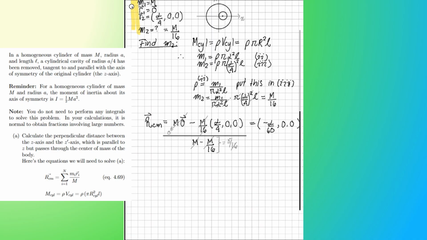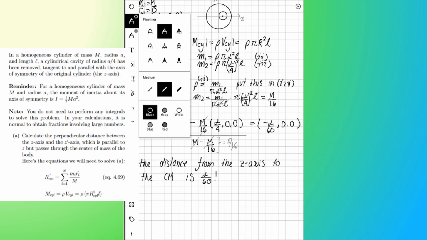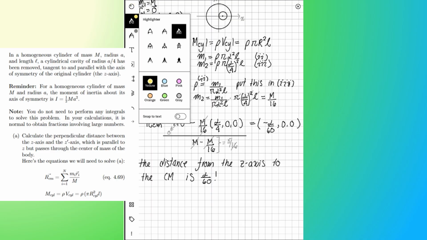So we can say that the distance from the z-axis to the center of mass is alpha divided by 60. So here you have it.